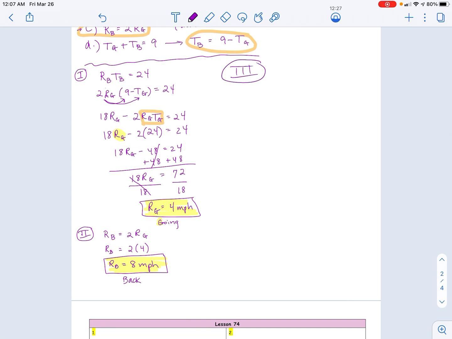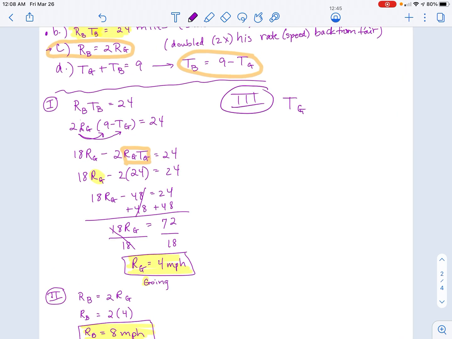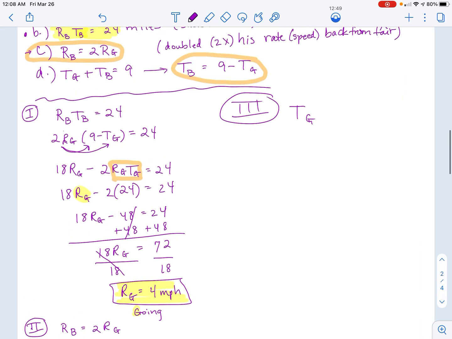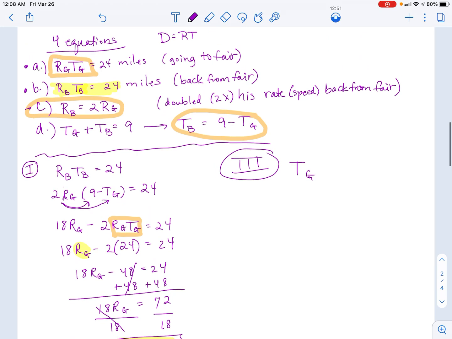Now let's look at Roman numeral 3. We need to figure out the time that it took him to travel to the fair, and then how long did it take him to travel back home when he left the fair. So let's solve for the time it took going to the fair. Do we have something here for TG? That's what we want to solve for. Well, let's go up and look at our equations.